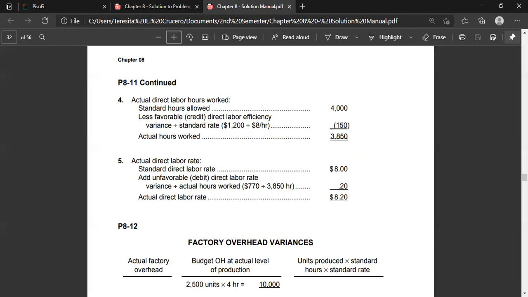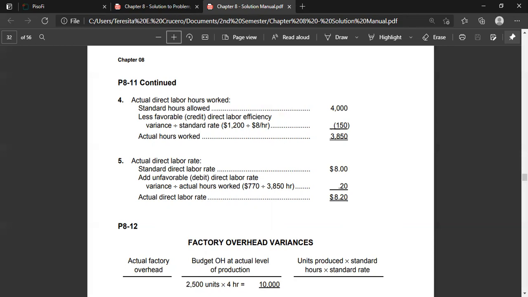So we have the variance of 770, it's a debit. Again, it's unfavorable.